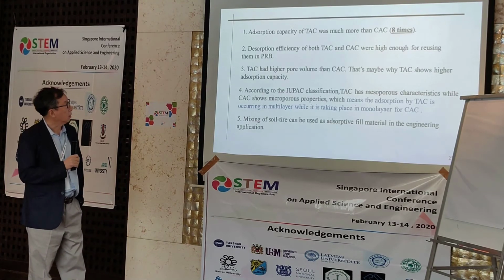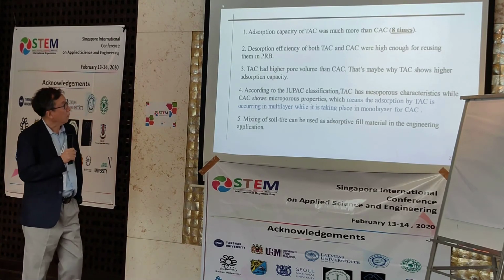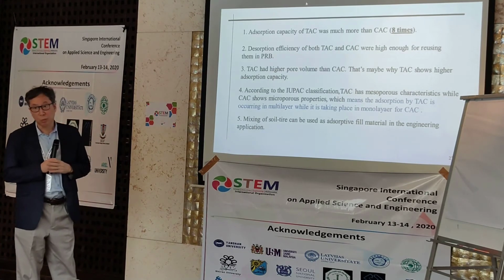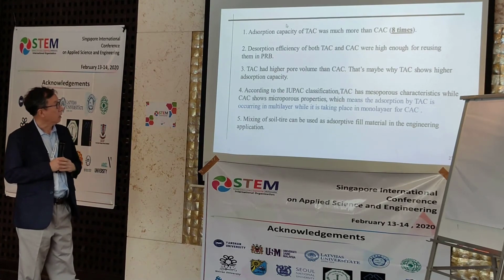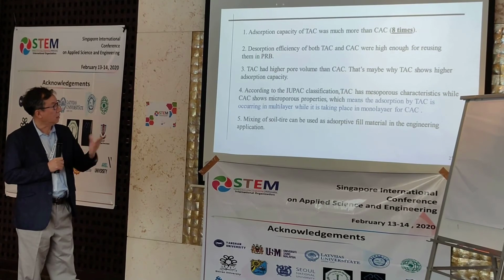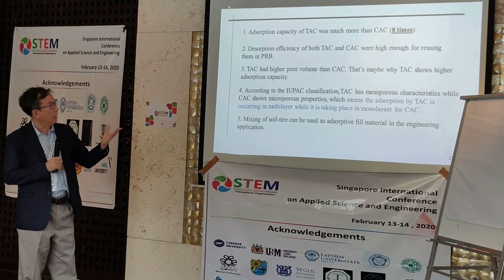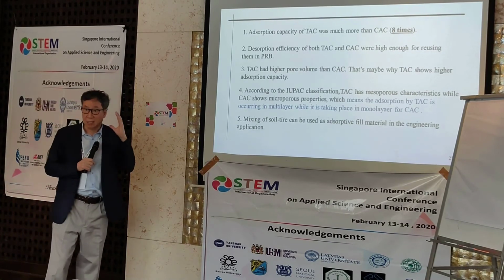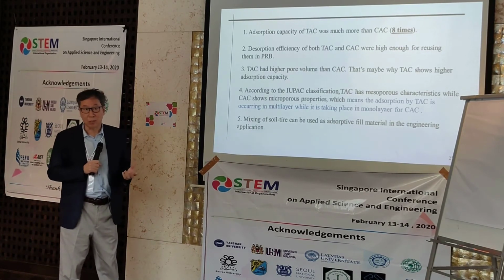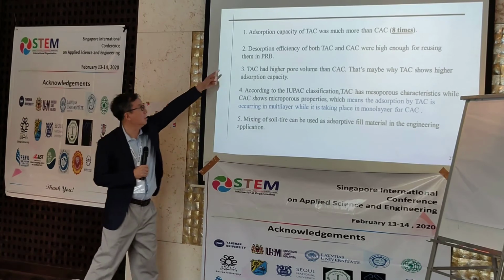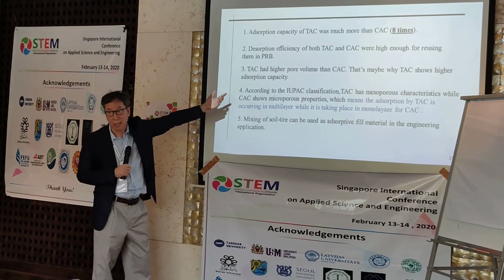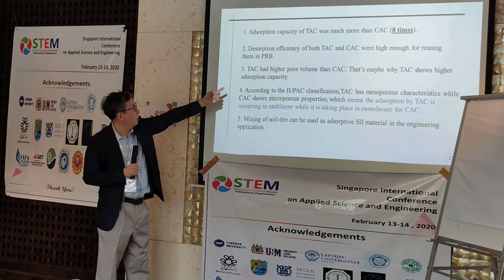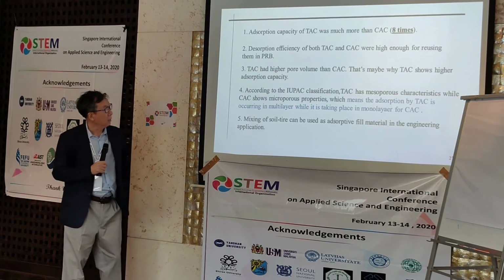And this is just the conclusion. Sorption capacity of TAC shows much more than CAC, and desorption efficiency of both TAC and CAC were high enough for reusing them in permeable reactive barriers, but I still doubt that I can really reuse them in the field. But this just shows some possibility of reusing them. TAC had a higher pore volume than CAC.